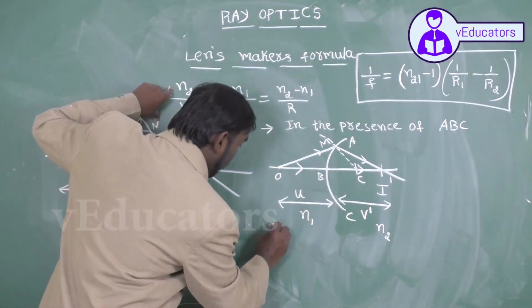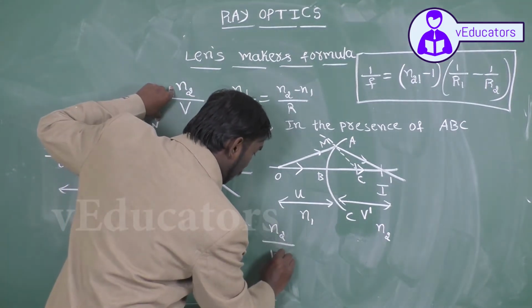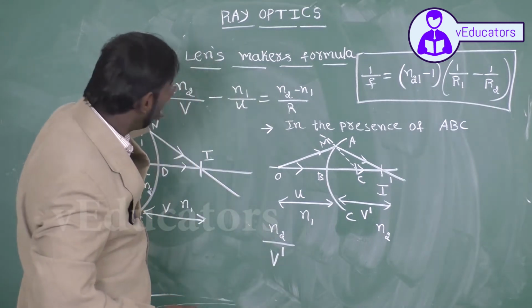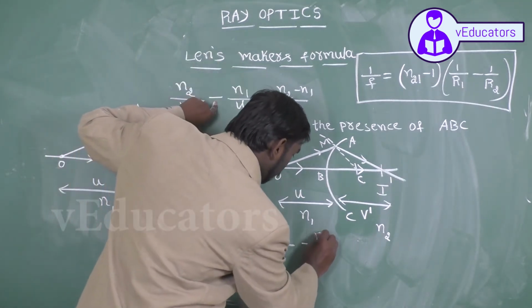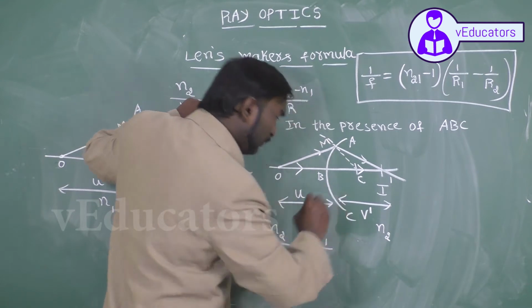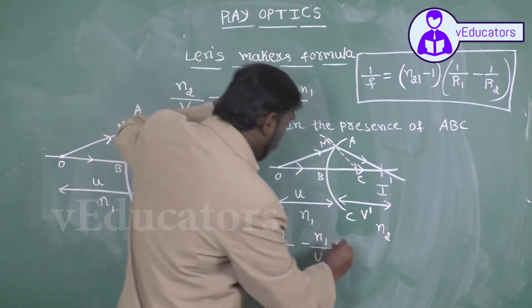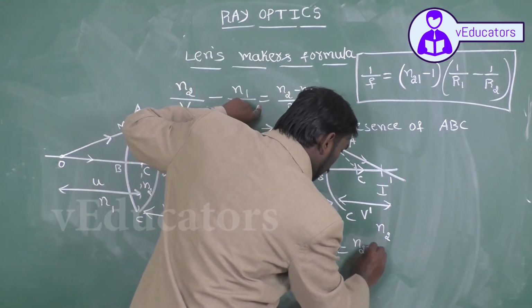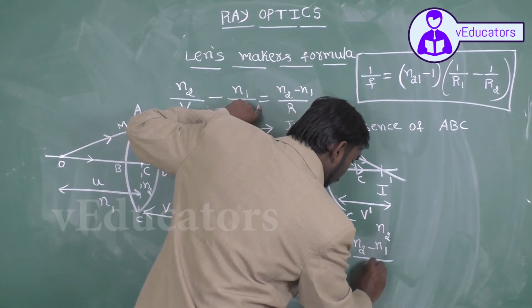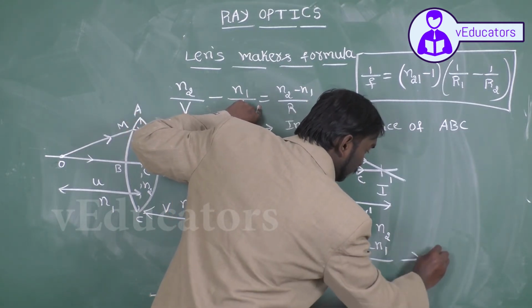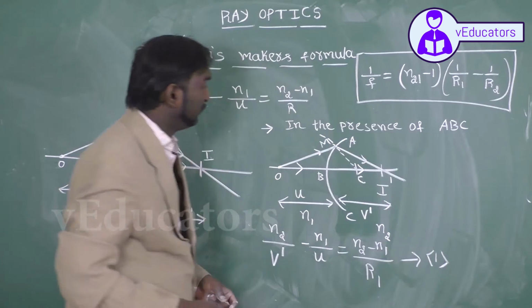It means n2 by v dash minus n1 by u is equal to n2 minus n1 by R1. Observe this carefully.